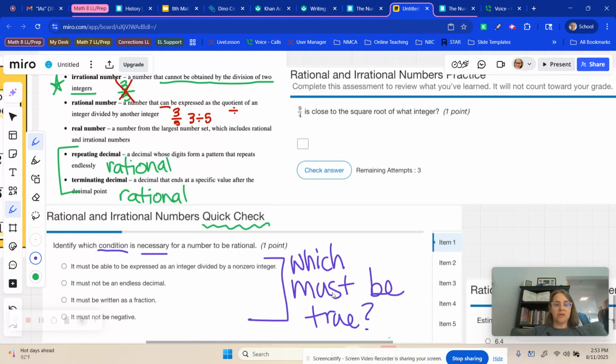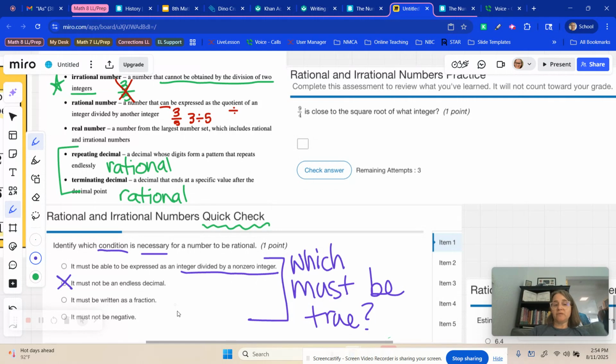That's all they're saying here. So number 1, it must be able to be expressed as an integer divided by a non-zero integer. That sounds a little familiar. It must not be an endless decimal. I thought those endless decimals meant they were rational. This sounds like the opposite of what I want.